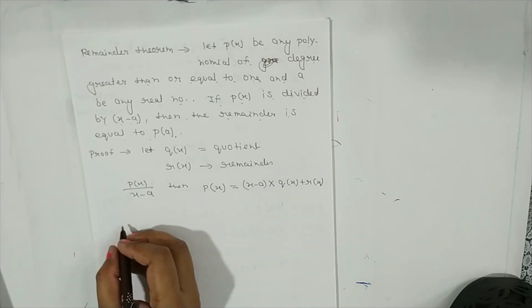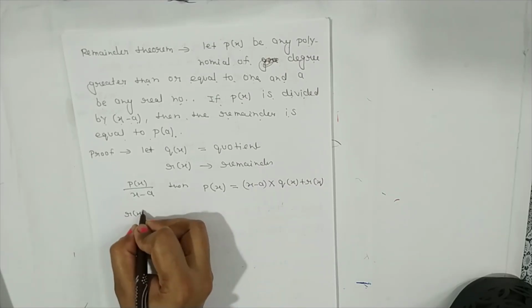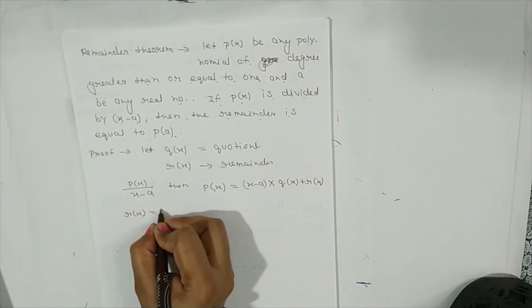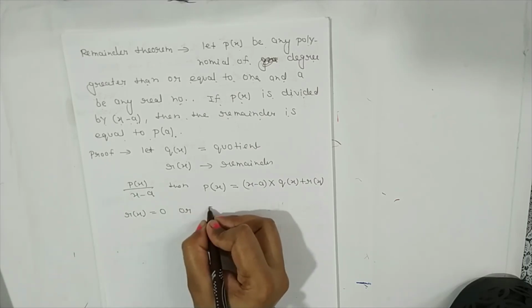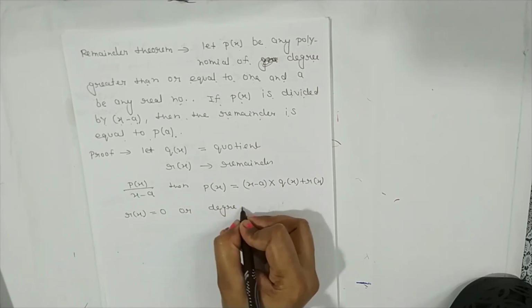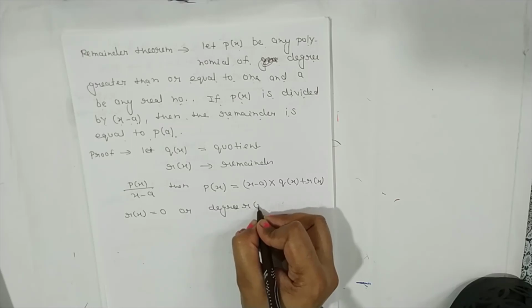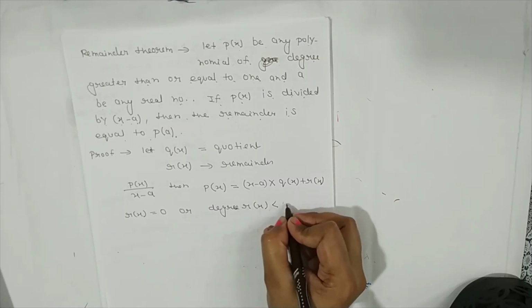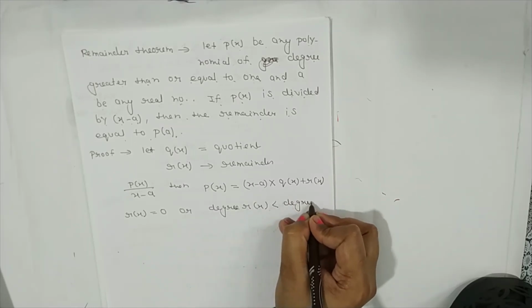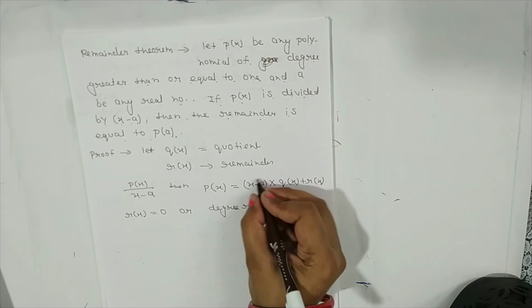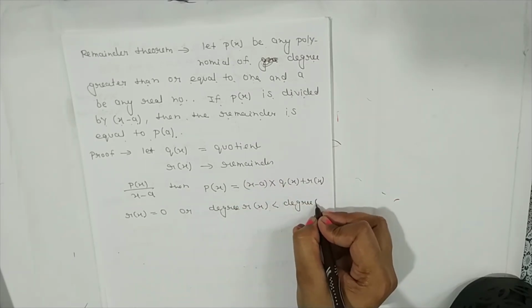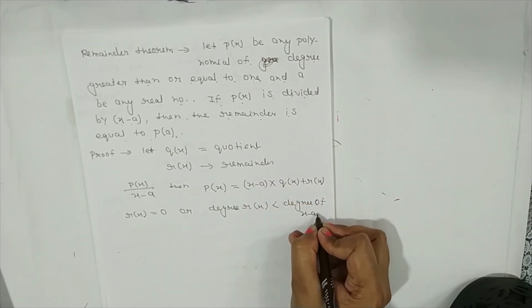Here you can see r of x is equal to 0 or the degree of r of x is less than the degree of x minus a, that is the divisor.